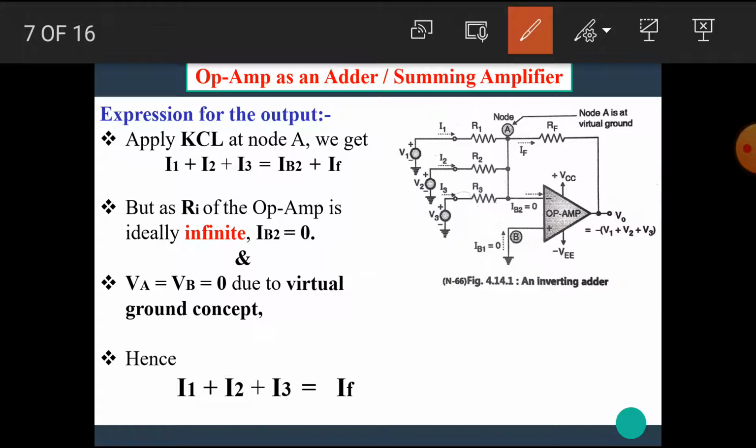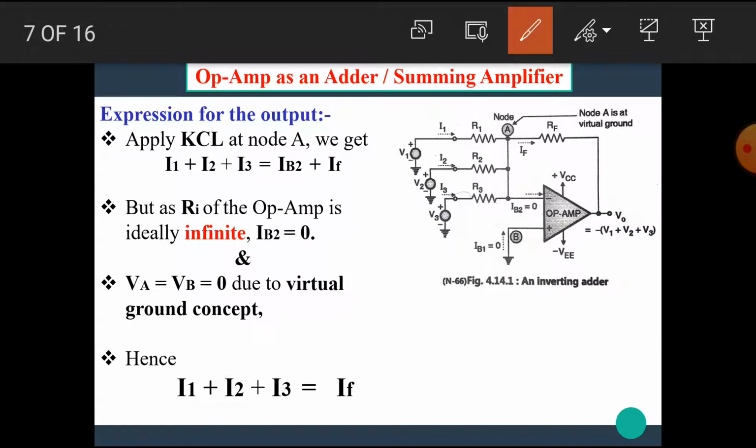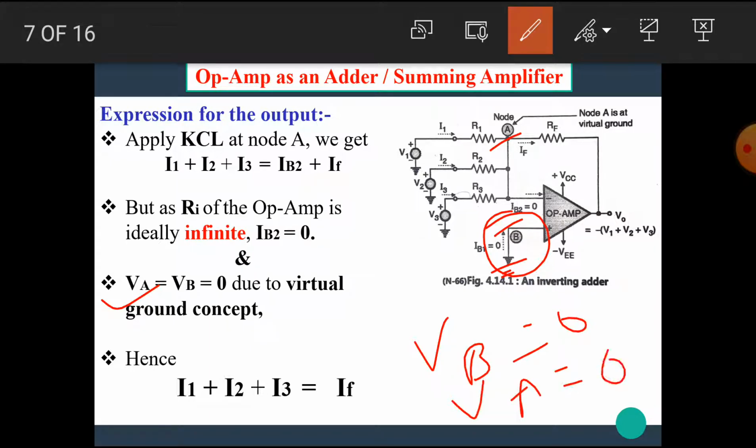Now, we have already seen one more concept, the virtual ground concept. The virtual ground concept tells us that the voltage at node A should be equal to the voltage at node B. That is, VA is equal to VB, but VB is connected to ground, hence VB is equal to 0, therefore VA is also equal to 0.